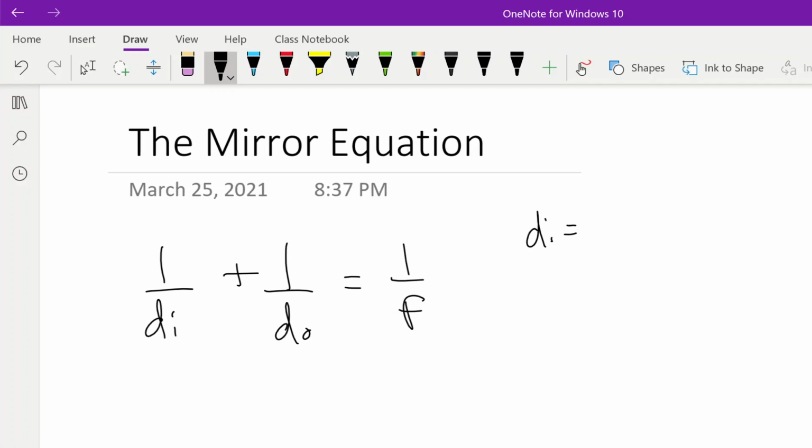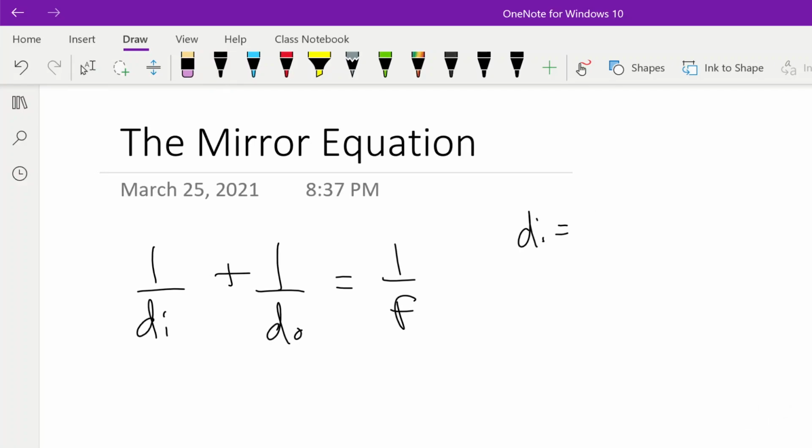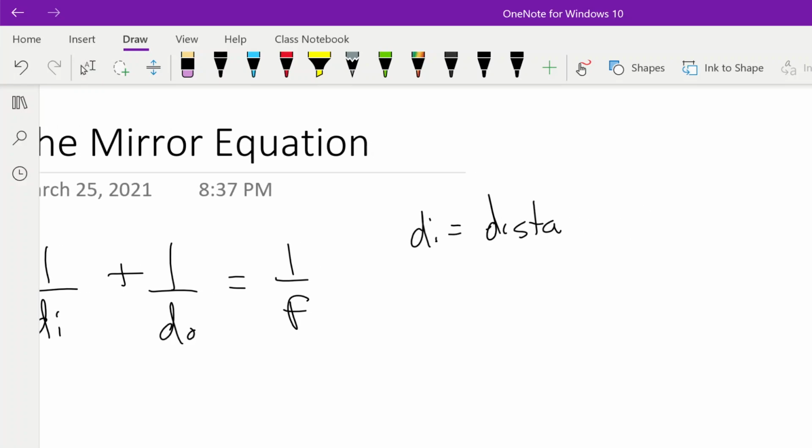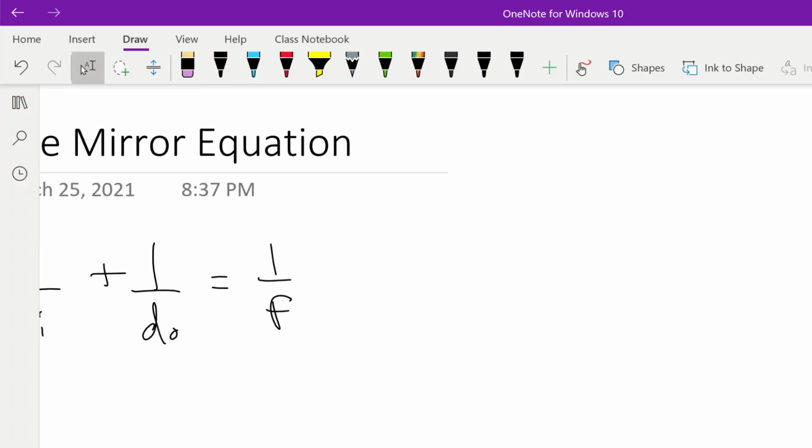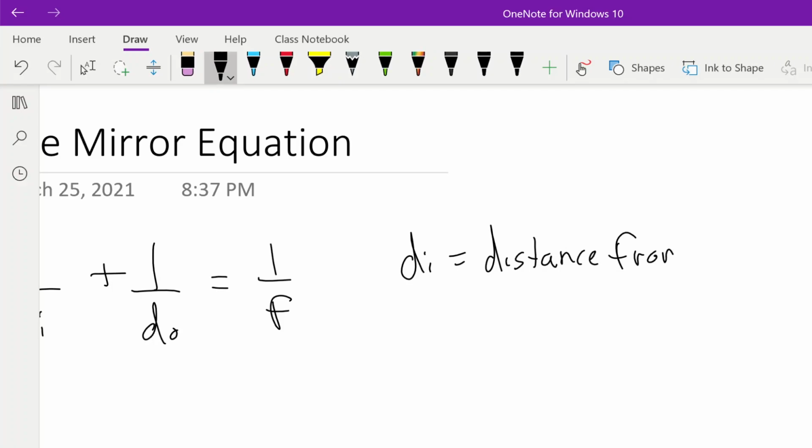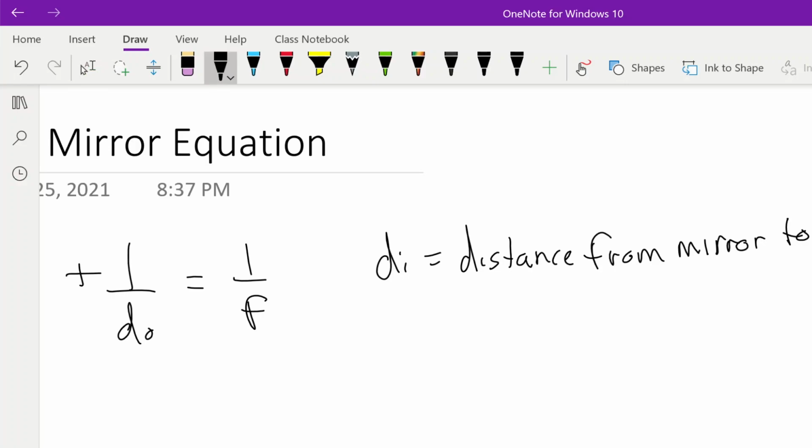Where di is the distance from the mirror to the image, and do equals the distance from the mirror to the object.